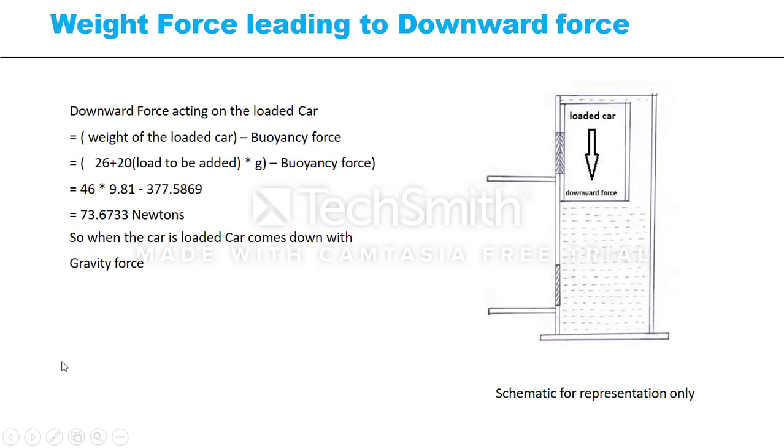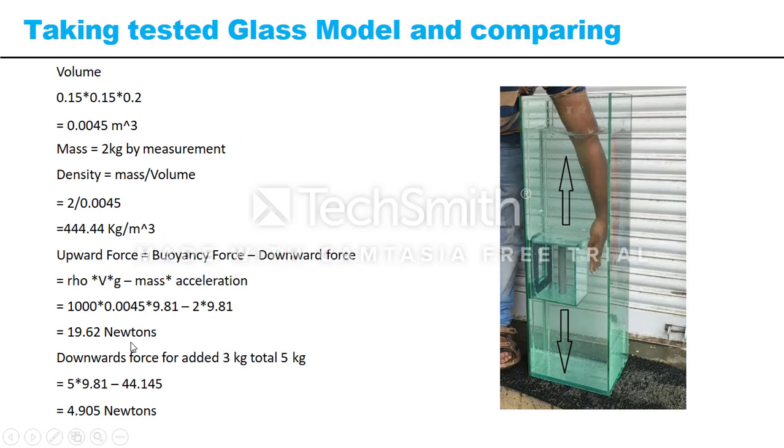When we calculate the downward force, when the car is loaded with some weight, in this case 20 kg, it generates a downward force of 73 newtons without requiring any external power. This is all theoretical, so we thought of developing one small glass testing model.